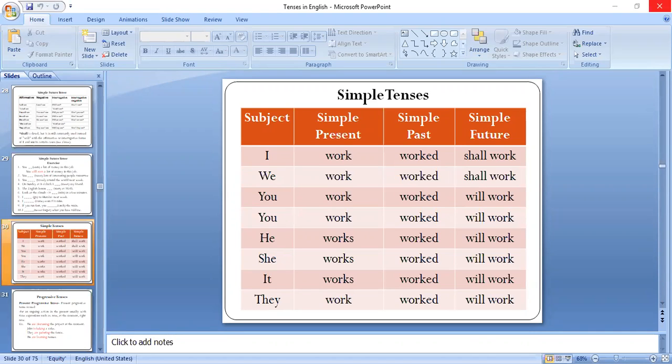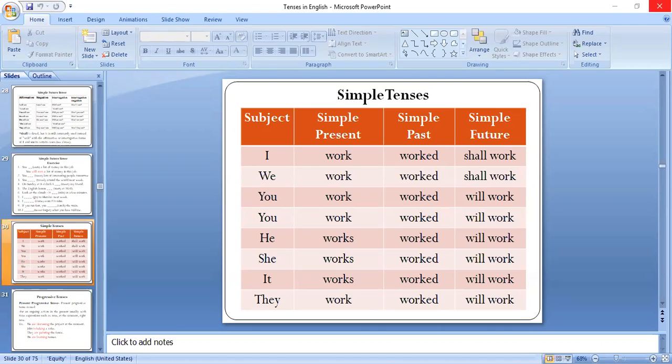Then in the simple past, we just add the ed suffix, that is he worked, she worked, it worked. So there is no change in these three forms. And for simple future, we'll use he will work, she will work, and it will work.